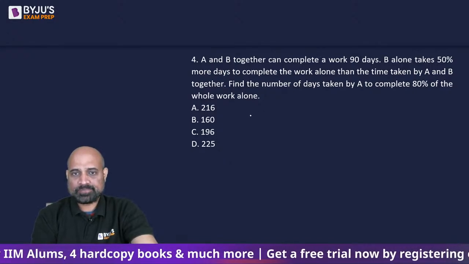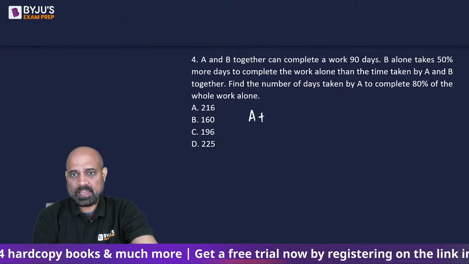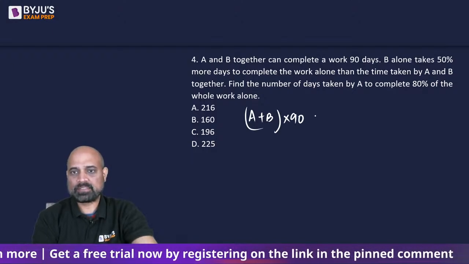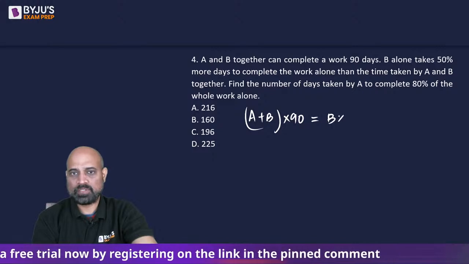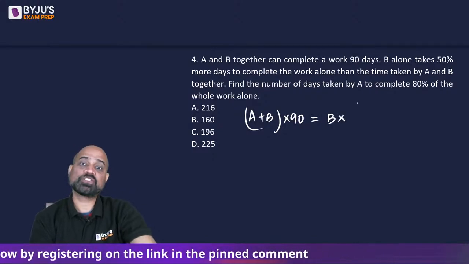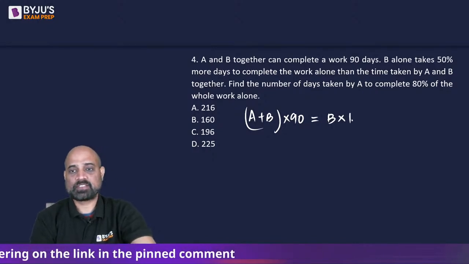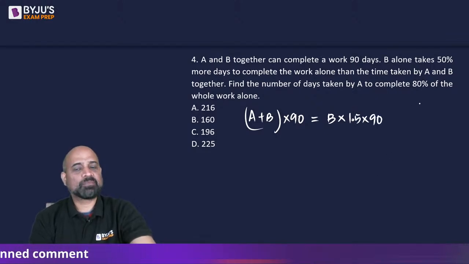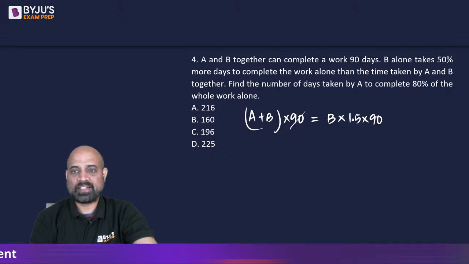पर ऐसे देखते हैं. A and B together can complete some work in 90 days. While B alone takes 50% more days, that is 1.5 times of 90, than the time taken by A and B together. So 90 goes away.